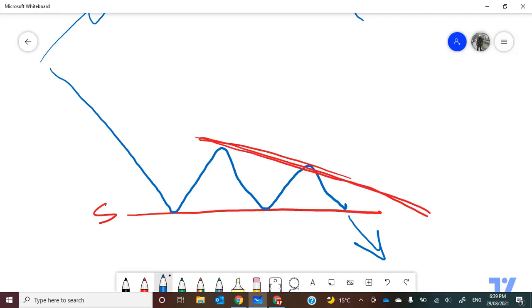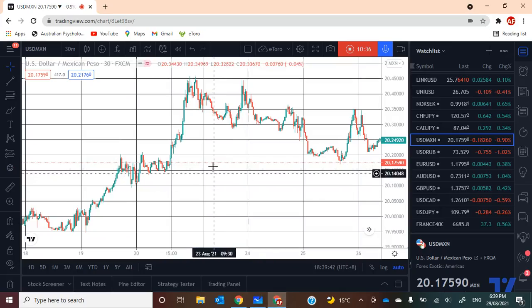Let's just go back to the chart to see what they look like in reality and how we can set the orders. Okay, this is US dollar versus Mexican peso. So here you can see a nice triangle shaping.